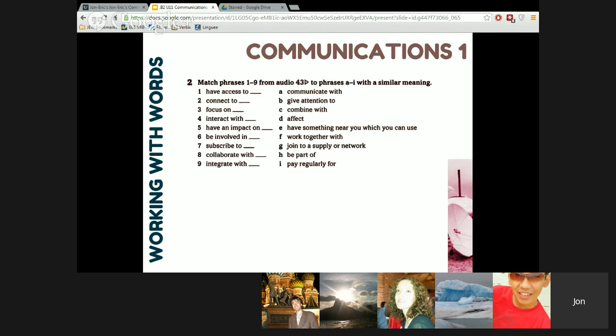To have access to. Have access to has the same meaning as... Half the world has no access to internet.